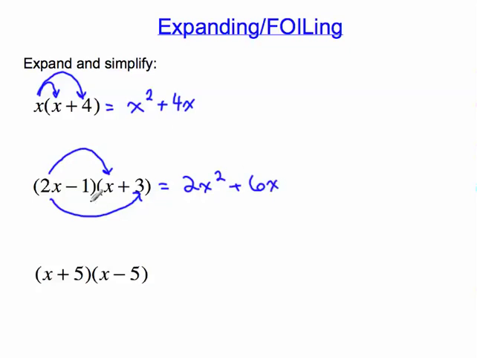The insides, negative 1 times x is negative x. And the lasts, negative 1 times positive 3 is negative 3. Now we can combine like terms. So 2x squared, 6x minus x is 5x, minus 3.